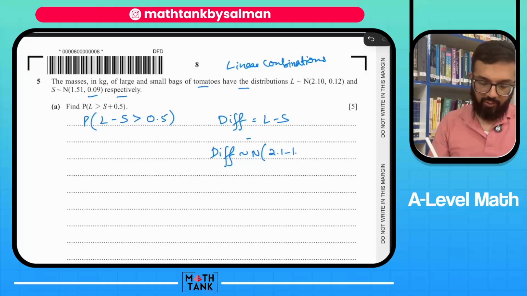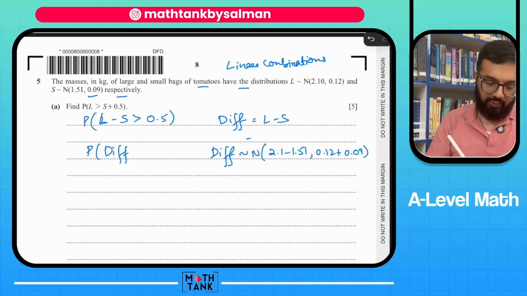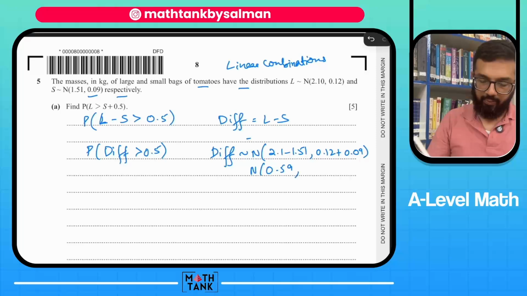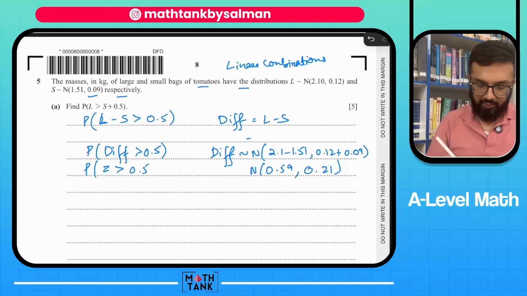So 2.1 minus 1.51, comma, 0.12 plus 0.09. So difference is greater than 0.5. 0.59, 0.21. So z greater than 0.5 minus 0.59 over root of 0.21.